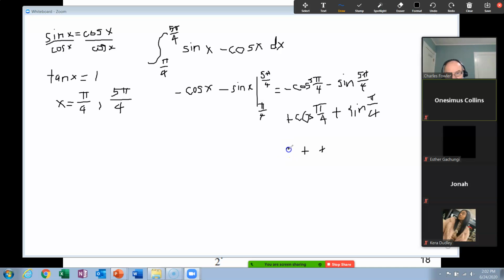So this will be a root 2/2 plus another root 2/2, plus cosine of pi fourths, again, is root 2/2. That's why the tangent is 1, because sine and cosine are the same there, plus another root 2/2.